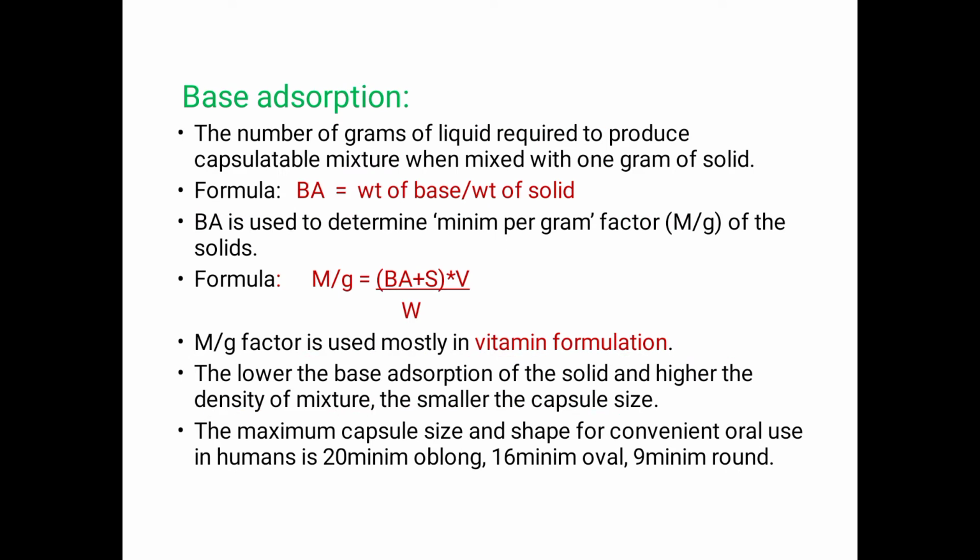Base adsorption. Base adsorption is the number of grams of liquid required to produce a capsulatable mixture when mixed with 1 gram of solid. The formula for base adsorption is weight of the liquid base divided by weight of the solid.